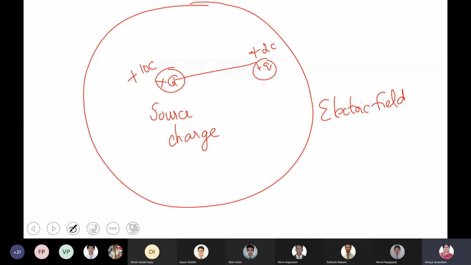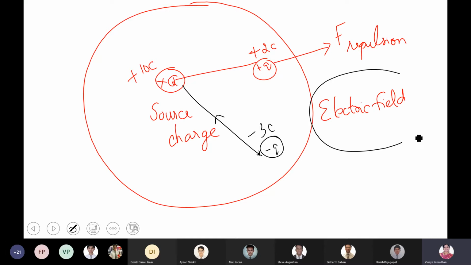This will exert a force. There will be a force of repulsion. If I bring a negative charge, say the charge of minus 3 coulomb, now this will experience a force of attraction. So these charges, whether plus 2 coulomb or minus 3 coulomb, will experience either a force of repulsion or a force of attraction only within the electric field created by the source charge.